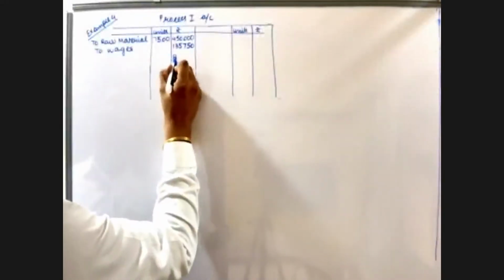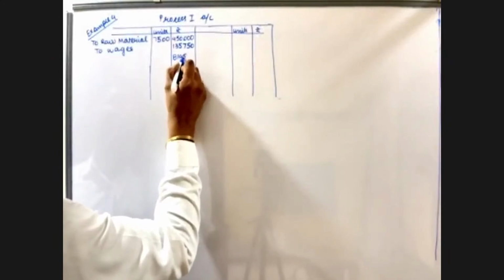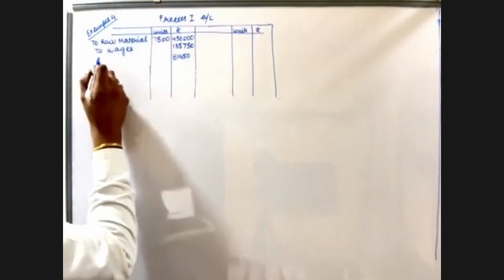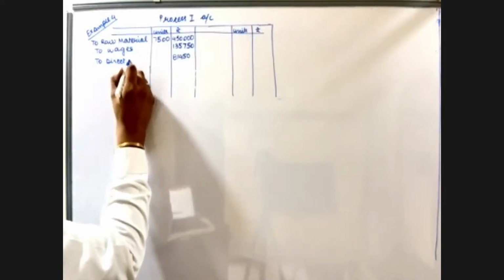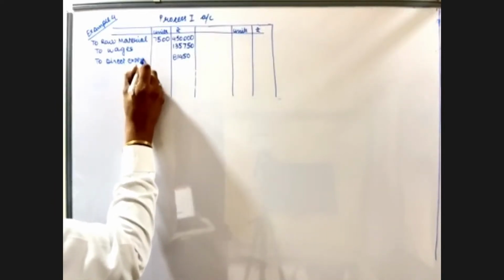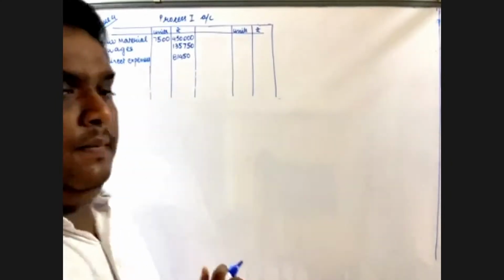The direct expenses are 60% of wages, so 135,750 into 60%. Further, manufacturing overheads are 20% of direct wages.